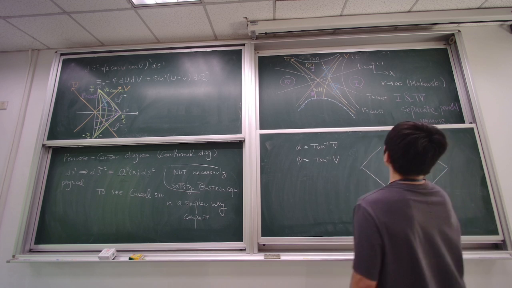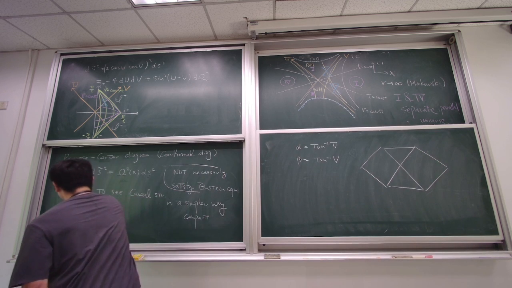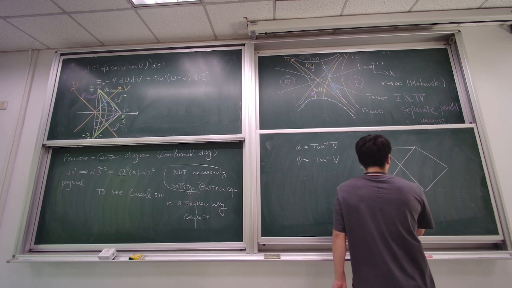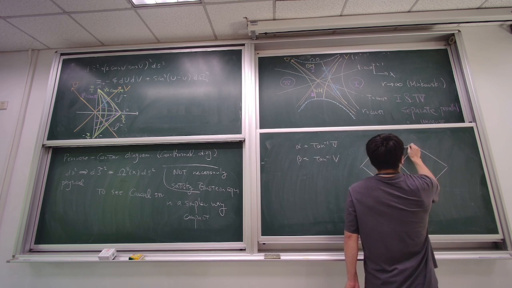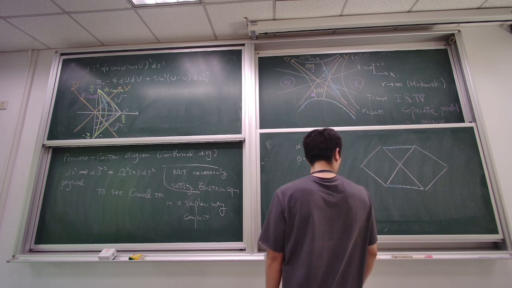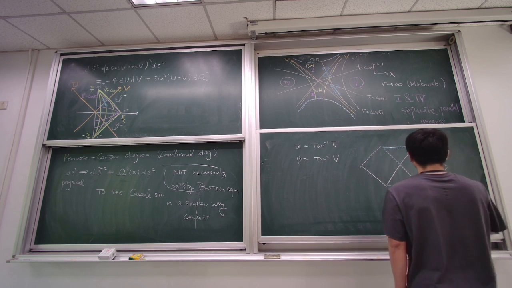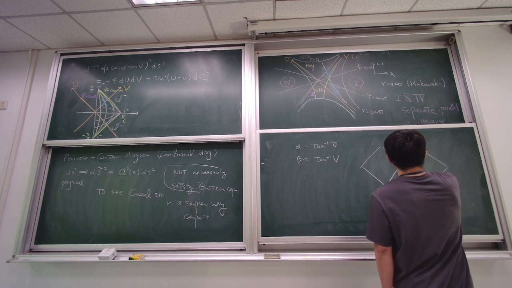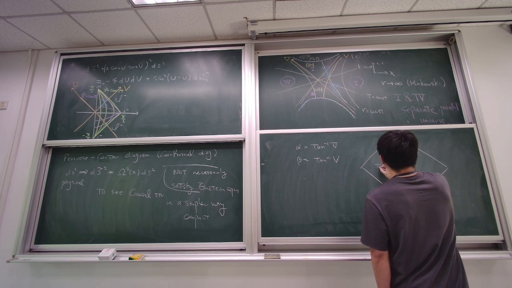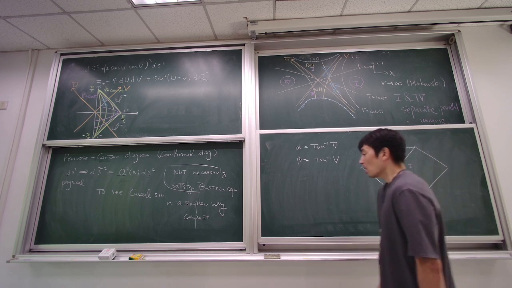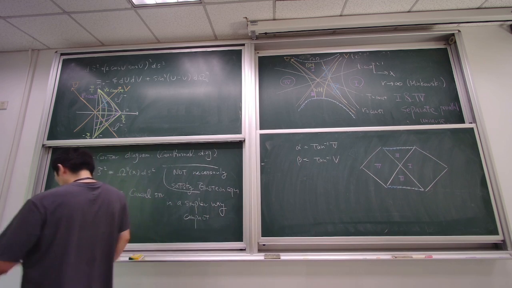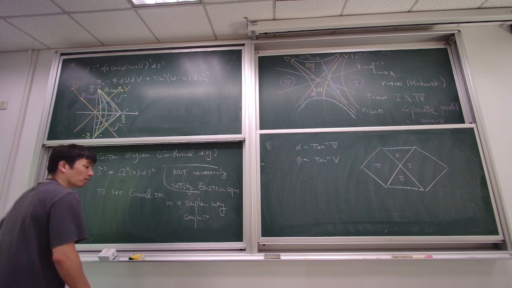So I use the blue one as the singularity, and then number 1, number 2, number 3, number 4. Okay, and then, what was that?